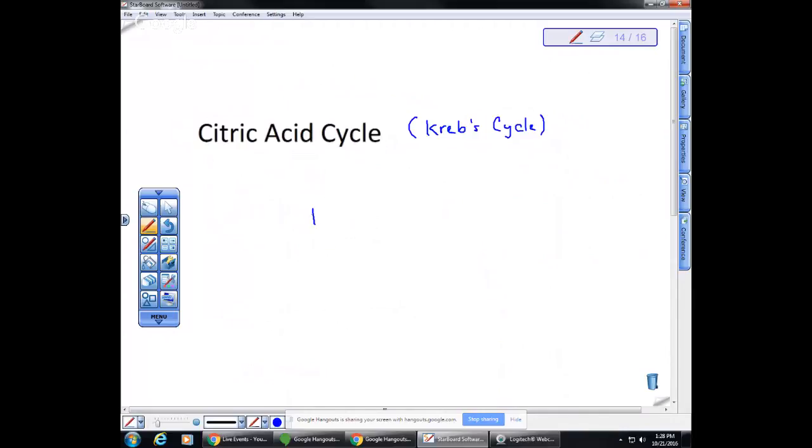So pyruvate starts out and it has to be converted into a molecule called acetyl-CoA. Pyruvate has 3 carbons, acetyl-CoA only has 2. And so right at the very first step, we lose carbon dioxide.